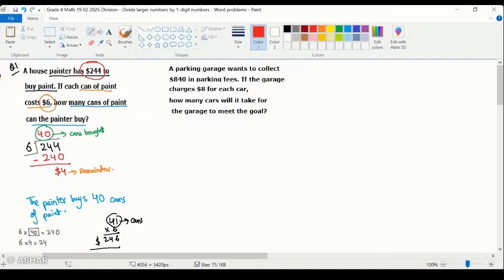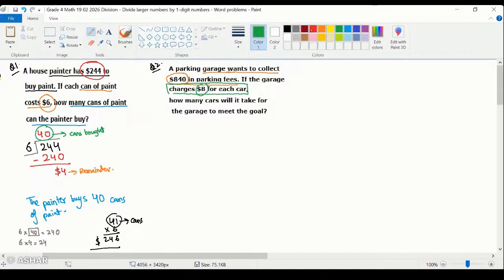So a parking garage has a target. They want to collect $840 in fees, right? They have a target that their income should be $840. The garage charges $8 per car.